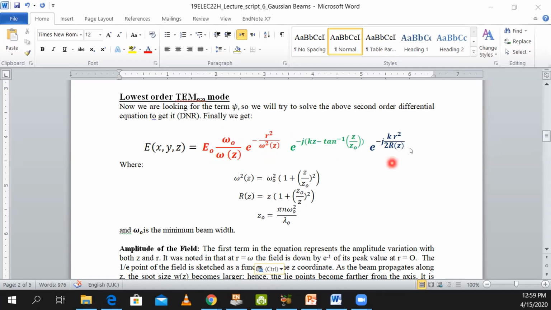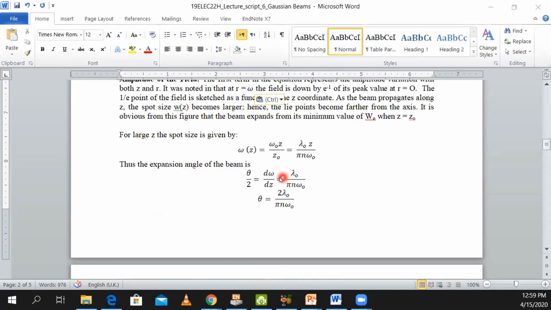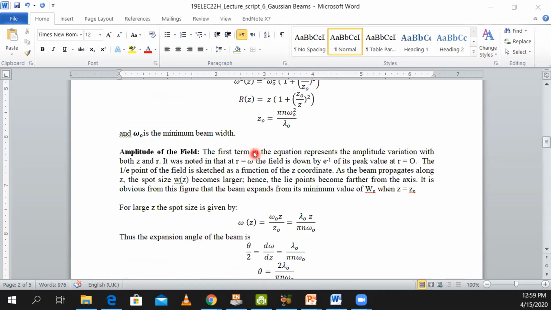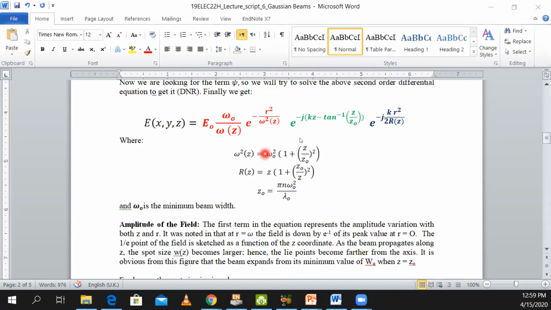Now, we have two exponential terms with e power minus j, which indicate a variation in the phase. The green term is a function of z and only z, while the blue term is a function of r. That's why we will call the green term the longitudinal phase, because this phase changes along the longitudinal direction, which is the direction of propagation.